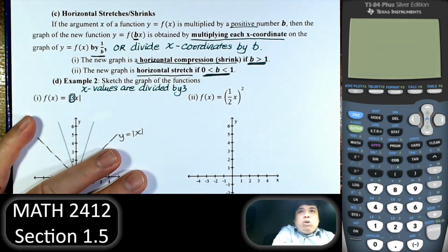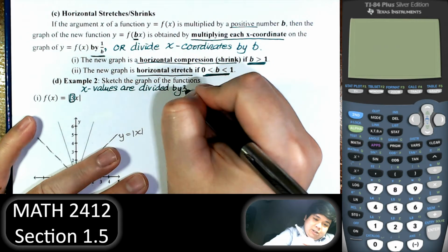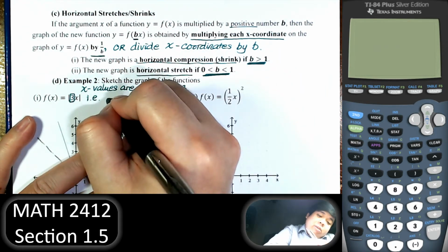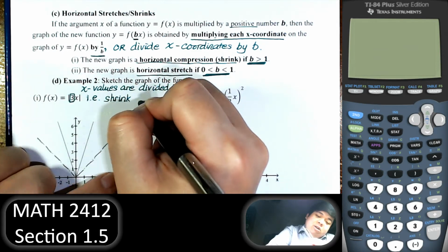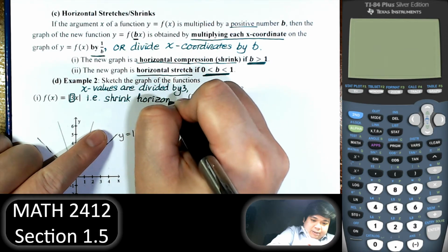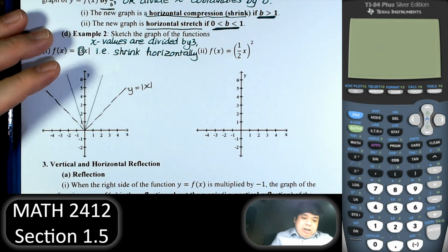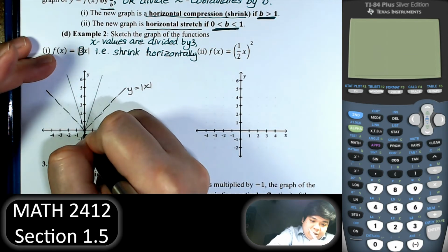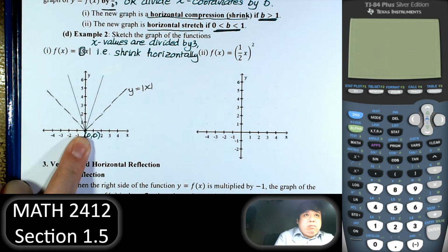If we divide by 3, we get a smaller number, right? And getting a smaller number means shrink. And this is affecting the x values, that means horizontally. So let's say if we have the point 0 and 0, it will stay there because we take 0 and the x value divided by 3, still 0.